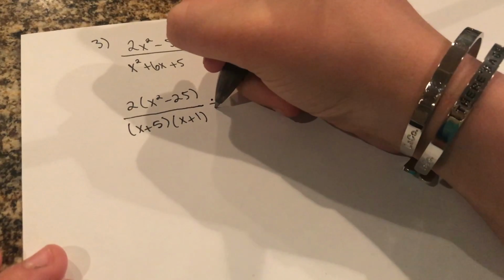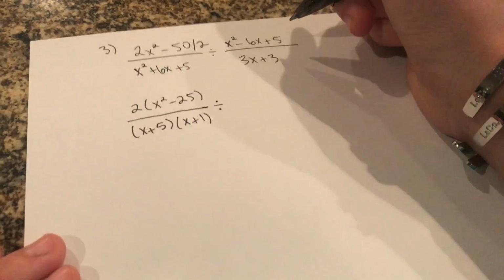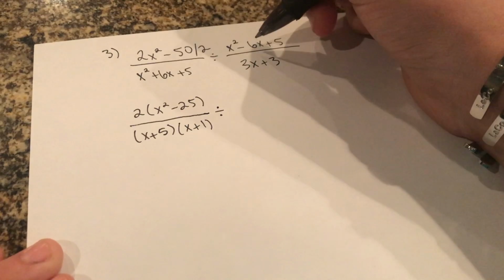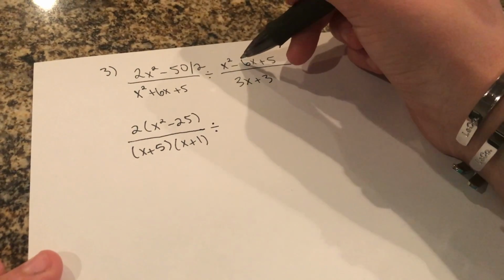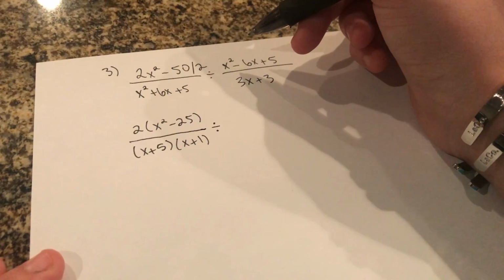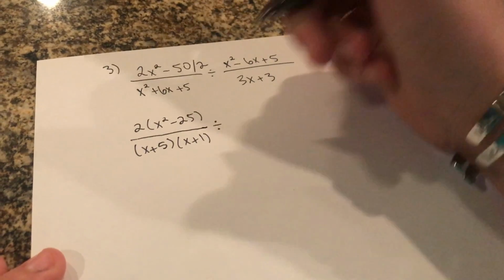And then you're dividing by, you can also factor this, but it's a bit different than this one because there's a negative 6, not a positive 6. So you need to make sure that you are paying attention to the signs in front of each part of the equation.